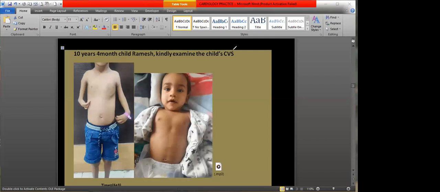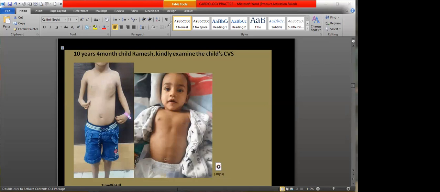So what happens in exam settings? Sometimes they can give this small age group. I will give you another suggestion: if you get a child of small age group, remember, guys, you need to break your sequence. First you need to auscultate, because if you do the general examination first, there is a chance that the child may cry and not cooperate.